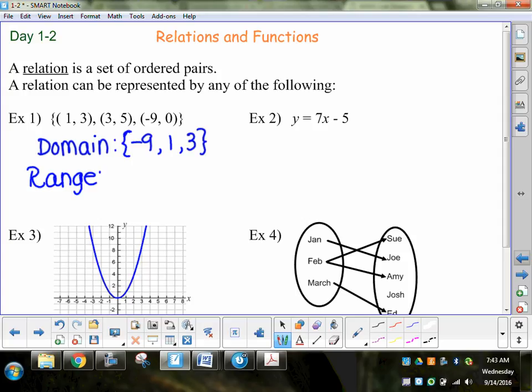So for range, we would go through and say the smallest one is 0, then 3, and then 5. You could also list it out as an x equals. When we go through and graph this out, this is going to be a line. It's linear because the x is to the first.